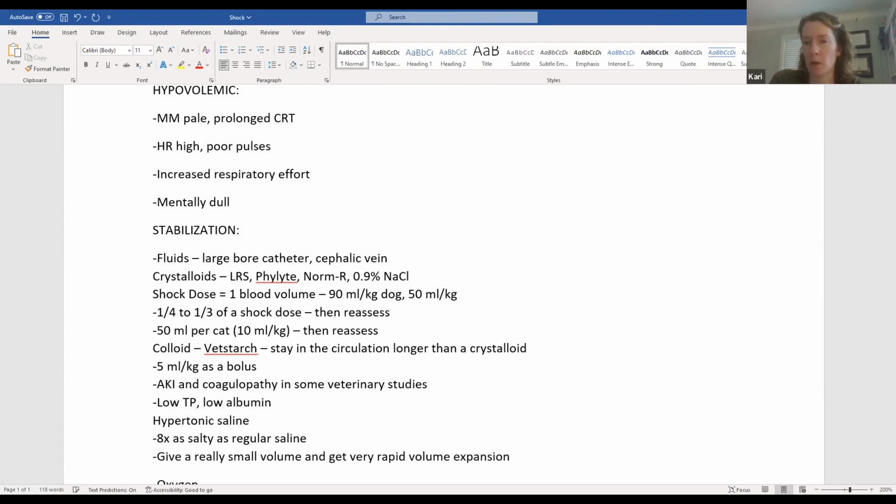Does anybody know how that works? It's really cool. So if I get a really salty fluid IV, what is my body going to do? What is the water in my body going to do? Tommy said excrete.